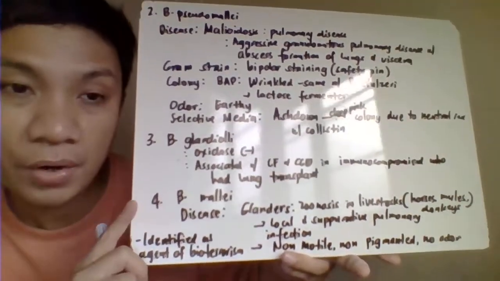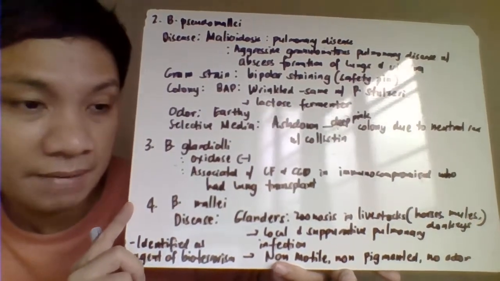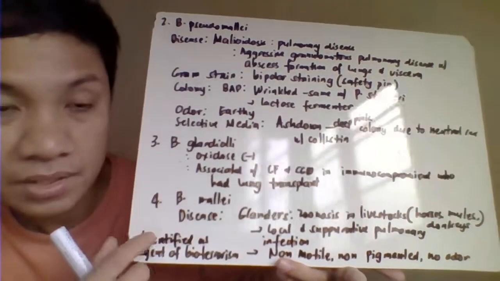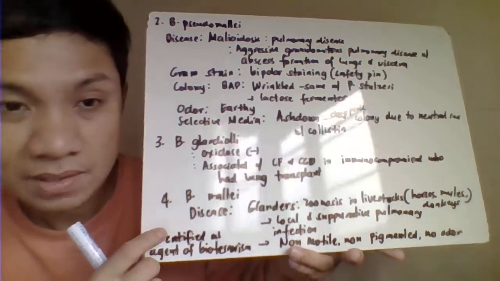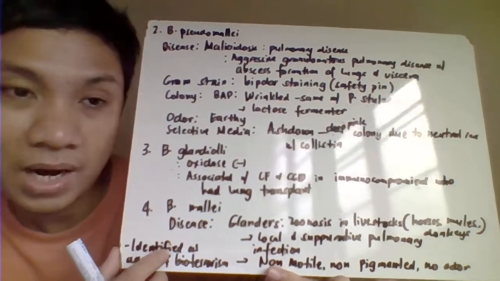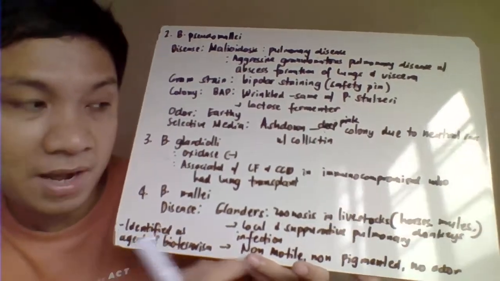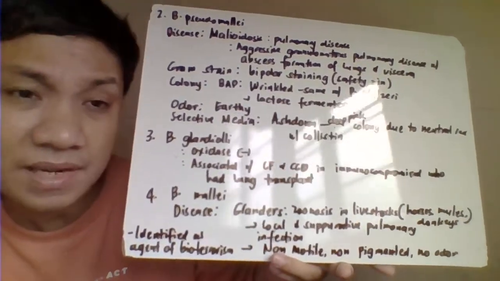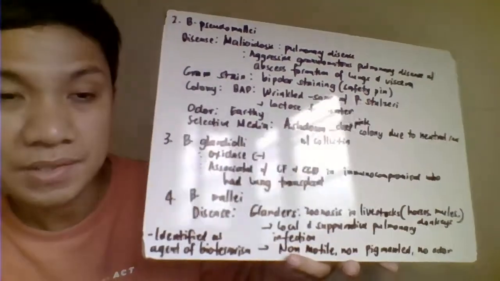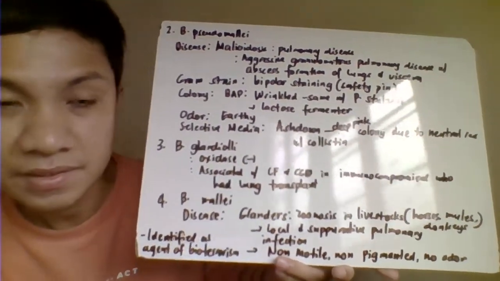Next, we have your Burkholderia mallei. Burkholderia mallei causes glanders. Glanders is a disease which is a zoonotic infection. So, meaning to say, it infects animals, especially mga livestock like your monkeys, your donkeys, your horses, your mules.